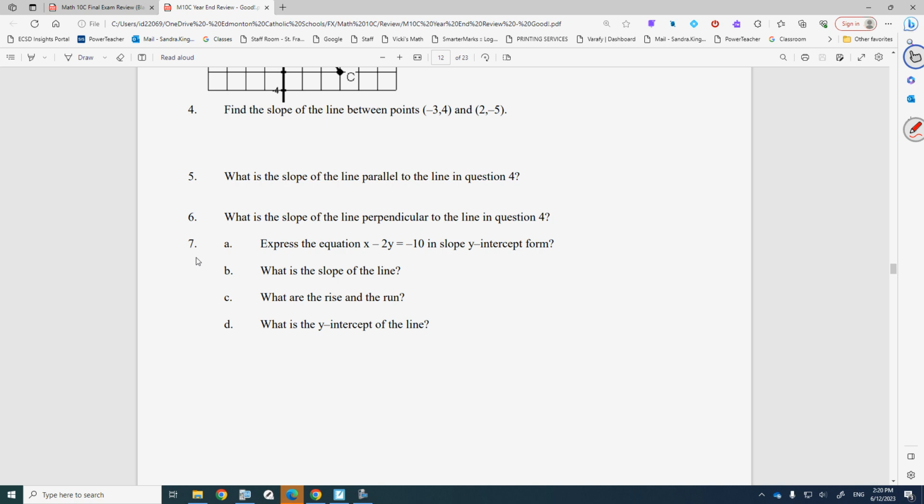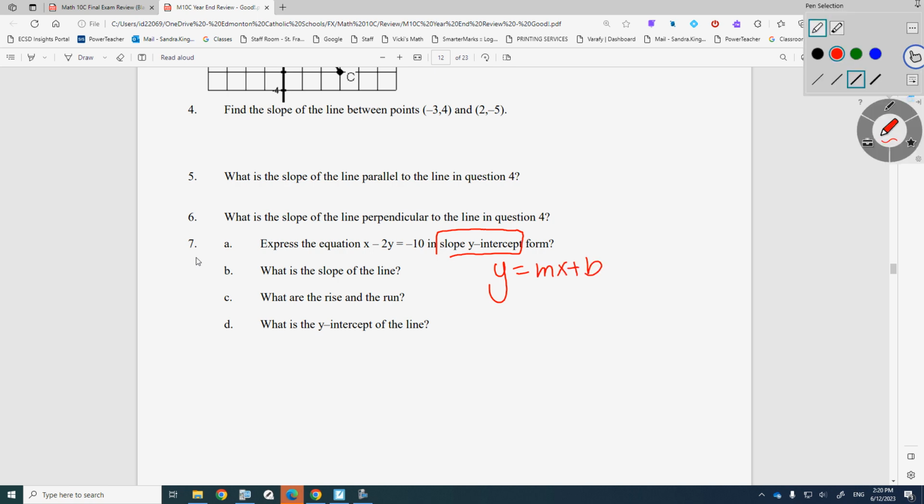And actually, let's start with number 7. If they want slope y-intercept form, remember that's y is equal to mx plus b. I'm going to box in my y. That needs to be positive. So when you're going into y is equal to mx plus b, you decide, does that negative 2y stay or go? Edie, what would you do for that?